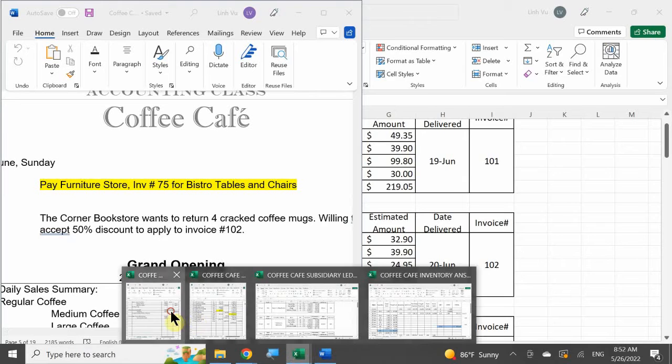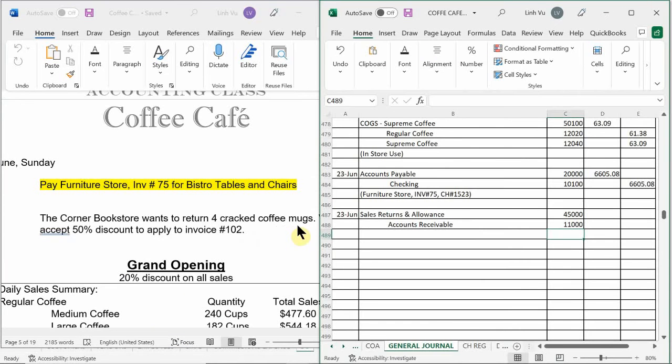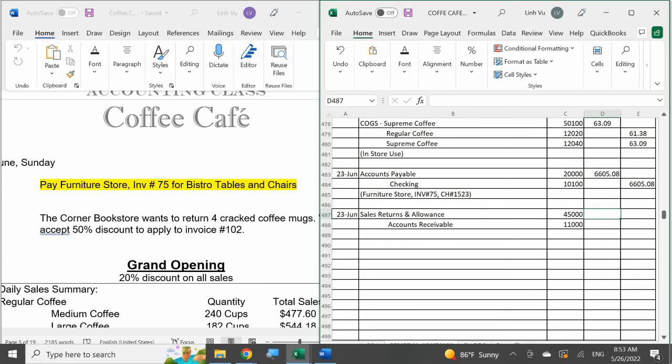Now, how many is he returning or attempting to return? 4. And he's willing to accept how much of it back? 50%. So in this case, we would have to figure out what $4.99 times 4 is, and then divide the whole thing by 2, because that's 50%, it's half.